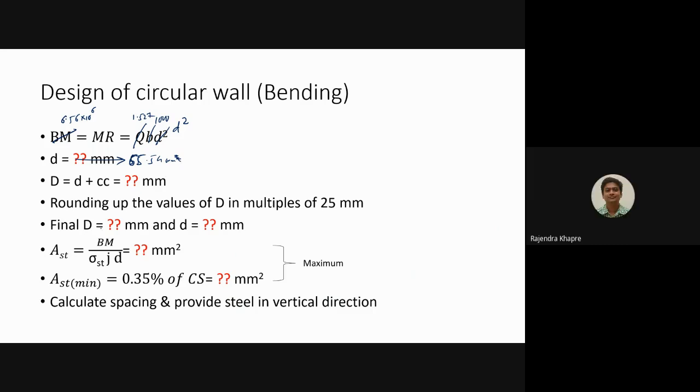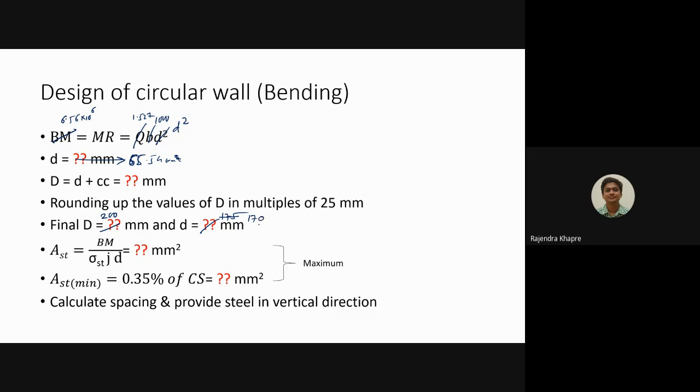So we can definitely continue with 200, and here the value of small d will be definitely 175. This value may change, because the diameter required will be slightly higher, so in place of this I am assuming this as 170. So 30 effective cover I am deducting.